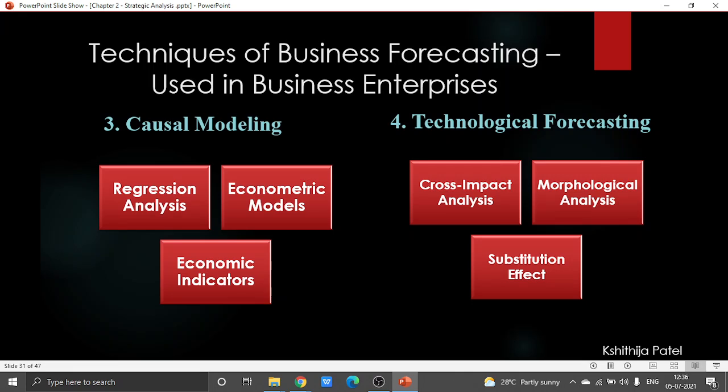Normally, this econometric model answers what-if questions, and also helps investigate the impact of various changes in the environment and in the major segments of the enterprise.